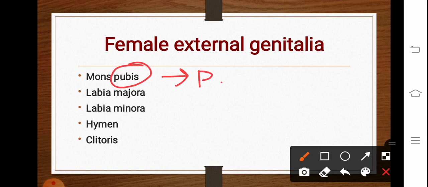There will be a layer of fatty tissue, and it is covered by skin folds and pubic hair like this. Clear? So this part is called mons pubis. There will be pubic hair so that it can be easily identified.